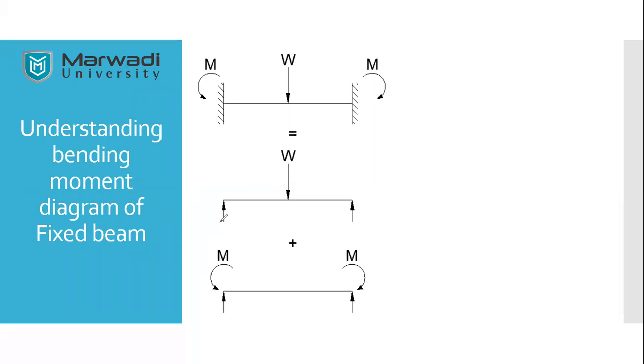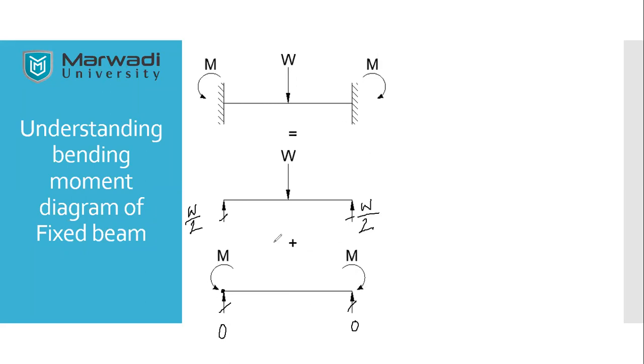Obviously, as it is a central point load, here we will get W by 2, and this also we will get as W by 2. Here when I am taking the moment at this point, what happens? It will be minus M plus RB into L. So RB ultimately is going to be 0 because both the moments are going to compensate each other. Similarly, if this is 0, this also will be 0.